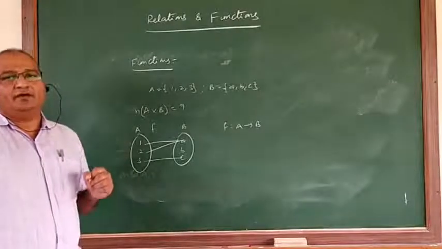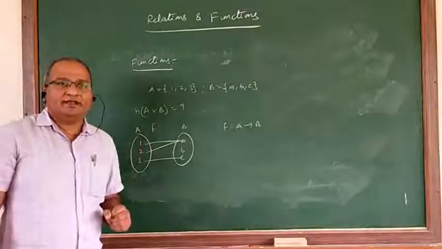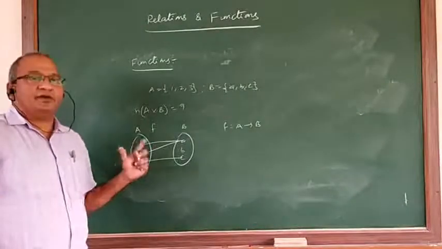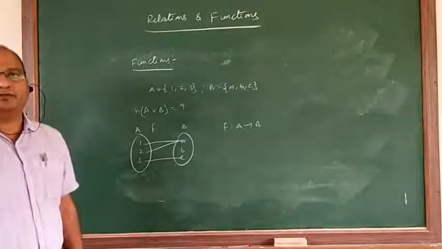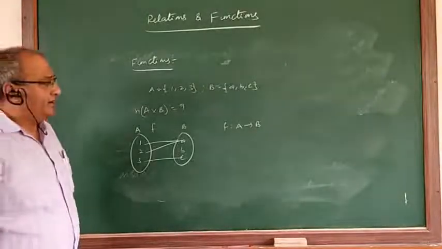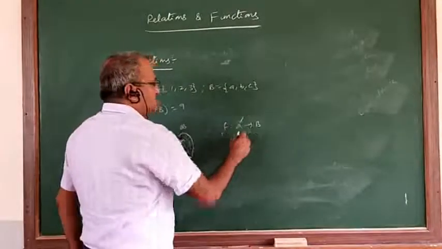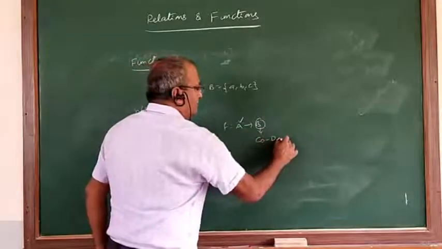There will definitely be one question in CET or JEE on domain and range. When seen in set form, it is very easy to understand domain and range, but when we go to the problems, a lot of complications will come. That we will discuss in the DPP. Now here A is called the domain and B is called the codomain.